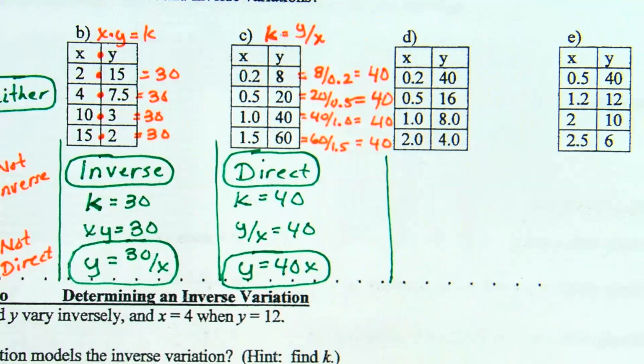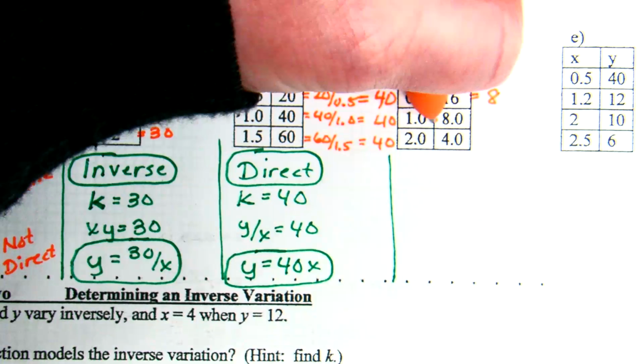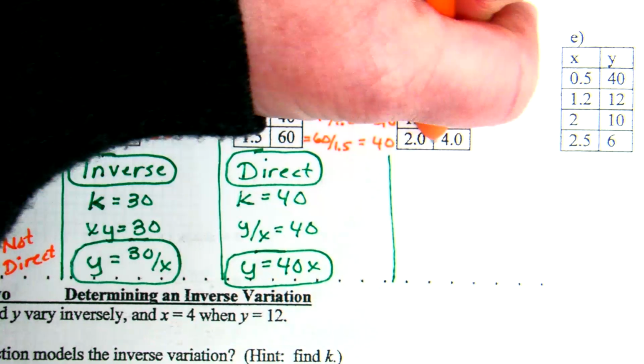What do you notice on D? Oh, question, Jaden? Can it be direct and inverse at the same time? No, not possible. Okay. What are your thoughts on D, folks? Multiply. 0.2 times 40 is 8.